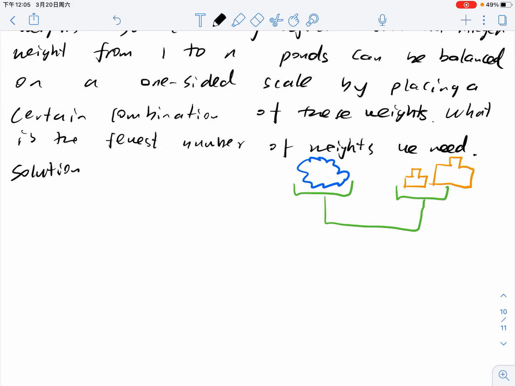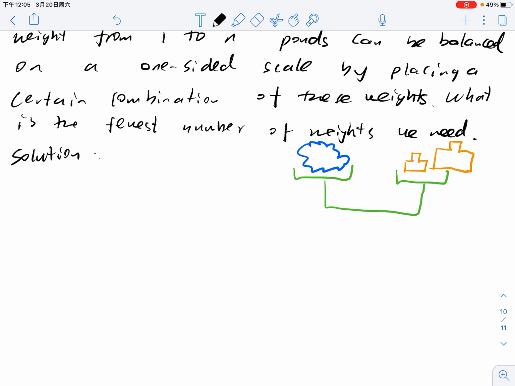Okay, and the solution is, first, for this type of question, like in combinatorics or in other problems, whenever you ask for some optimal situation, you have two tasks.